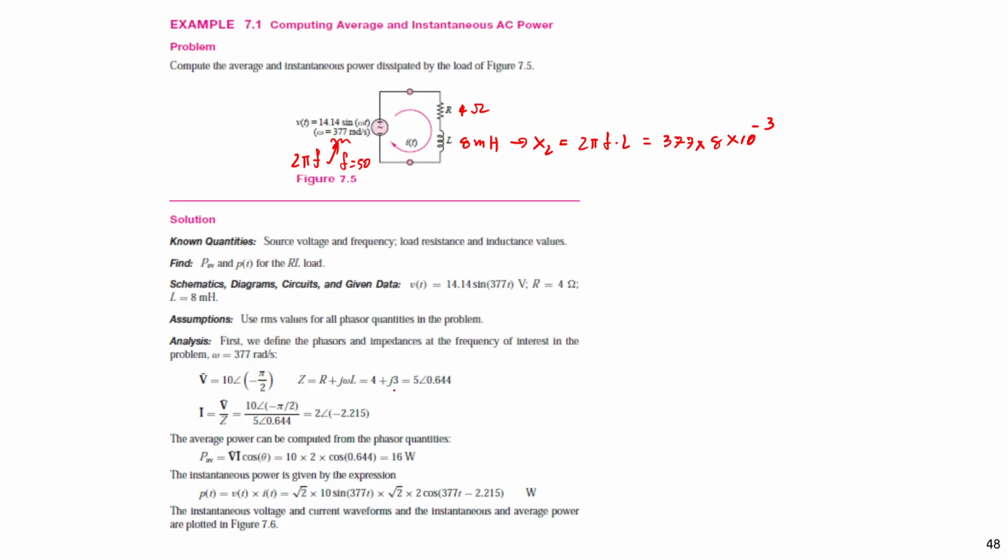Maybe 3, right? j omega L here, 2 pi f L. Okay, it's about 3 ohm here. So we have the impedance Z as 4 plus j3.